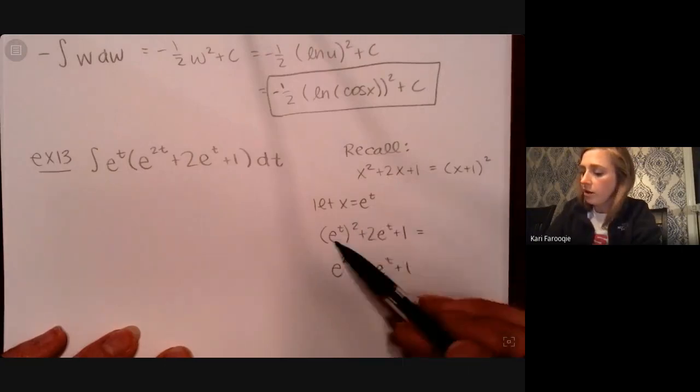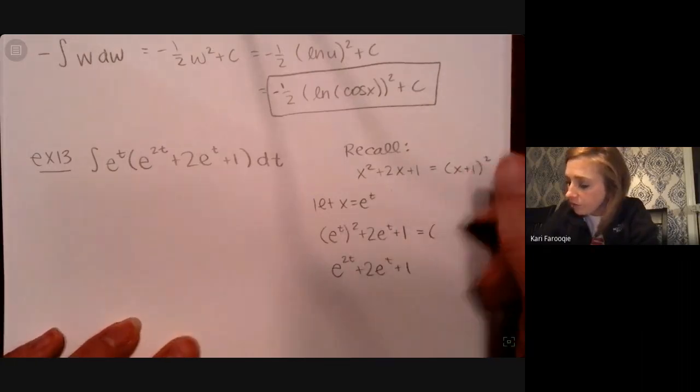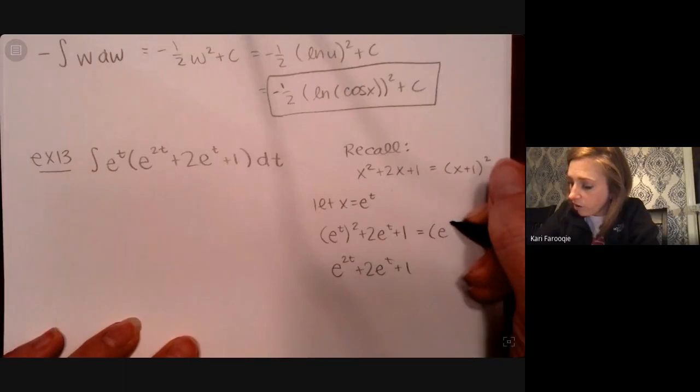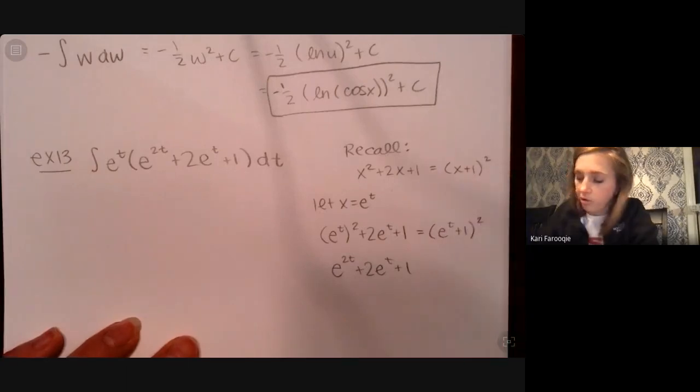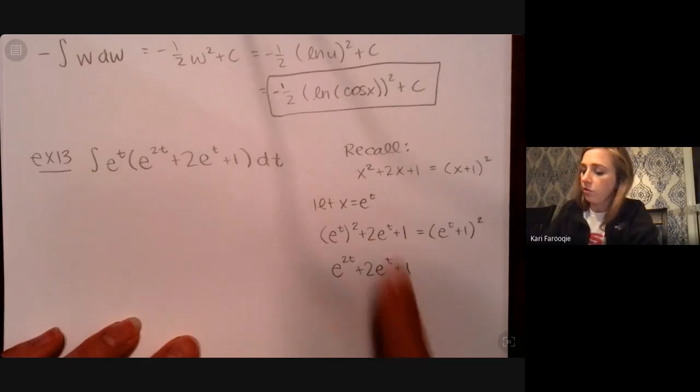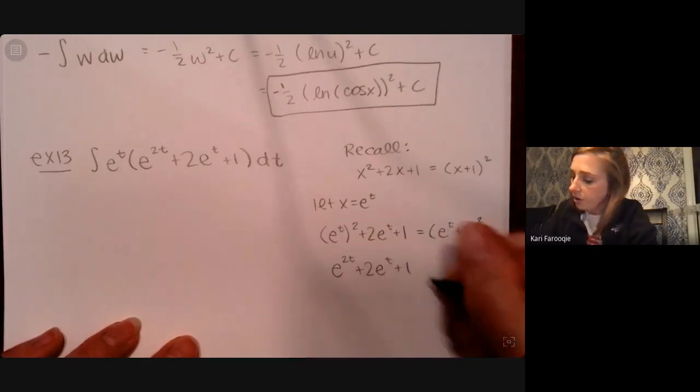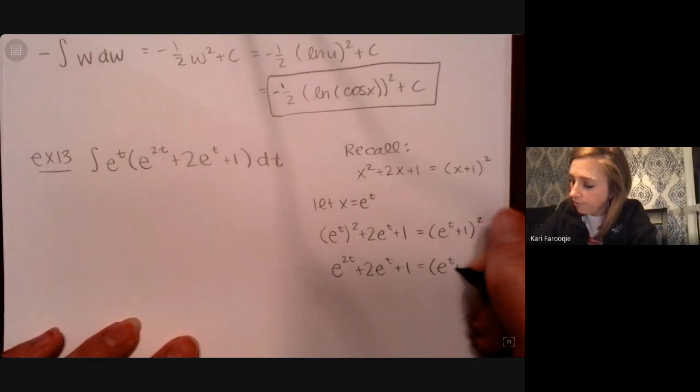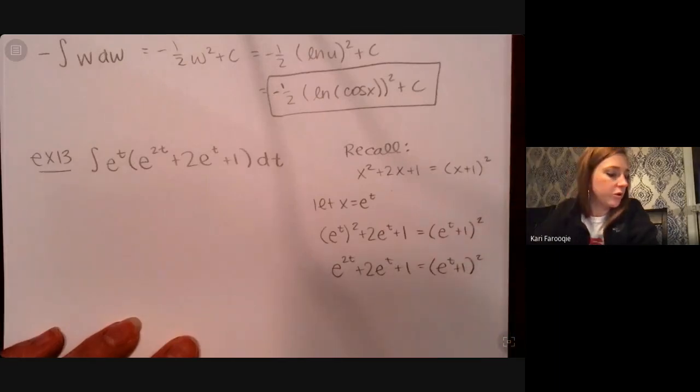But if we let that be true, that x equals e to the t, well, then we could factor it the same way as e to the t plus 1 quantity squared. Same idea.